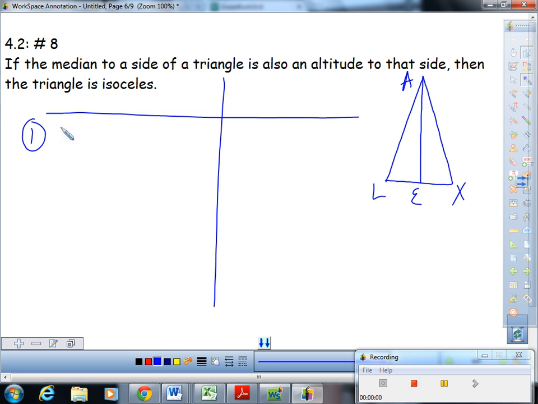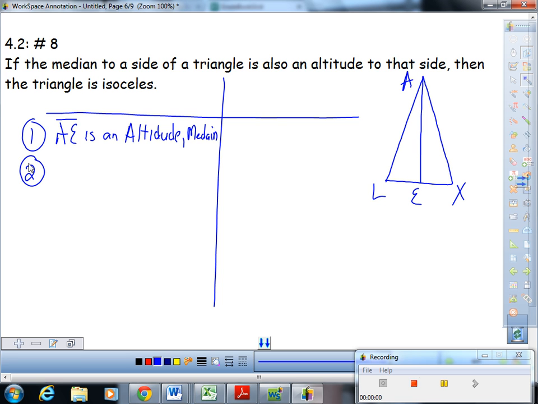Good. AE is an altitude and a median. Okay? So now we're going to use that information to make some deductions.